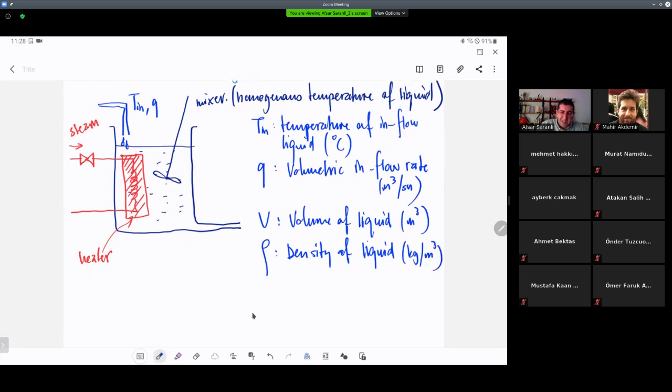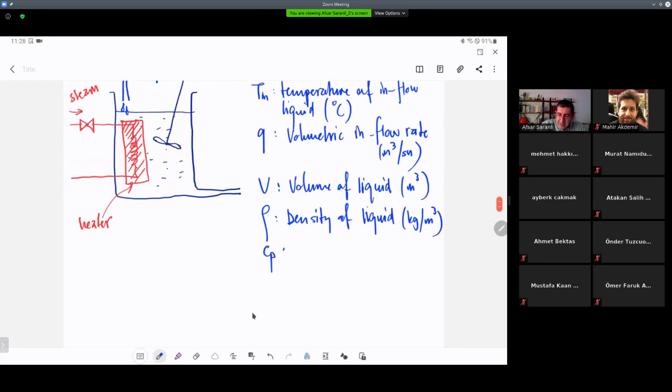We have the specific heat, Cp. Specific heat is about how much this liquid is able to store heat energy.